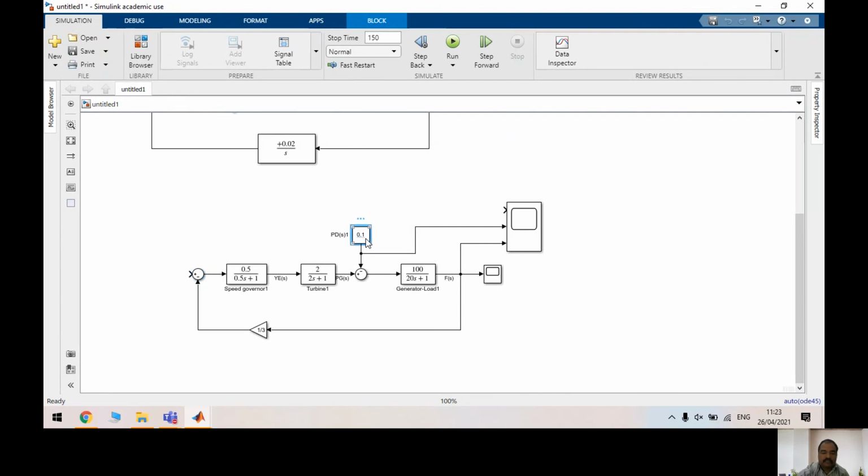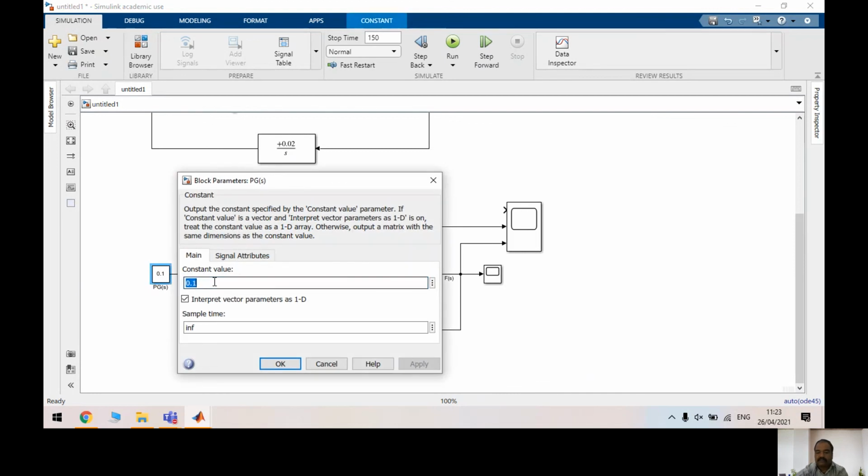Earlier it used to be a P controller, right? So I'm going to keep this one, just keeping it as 0 here.